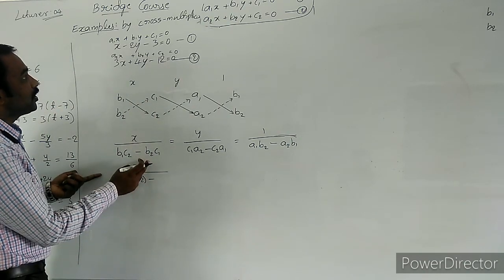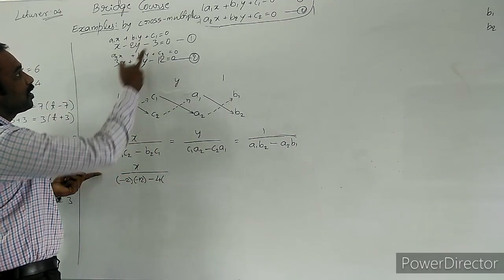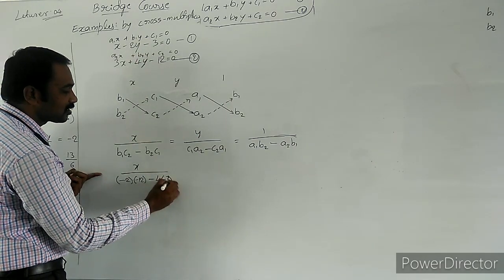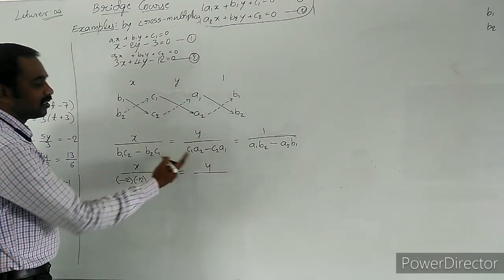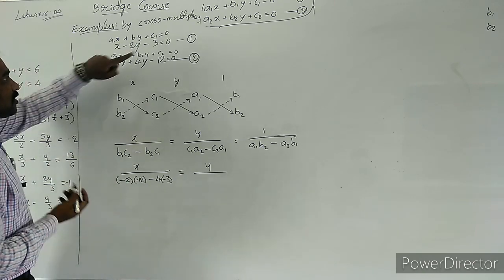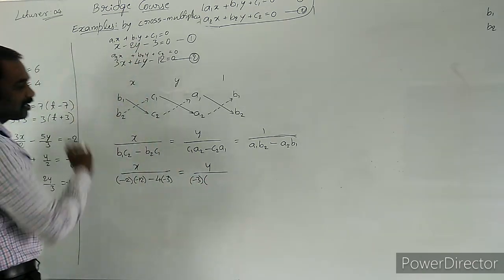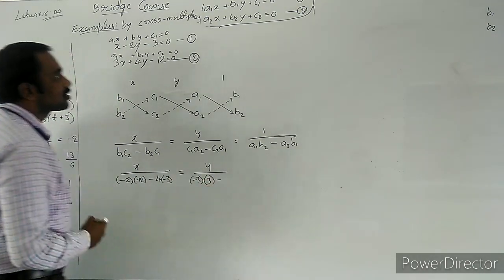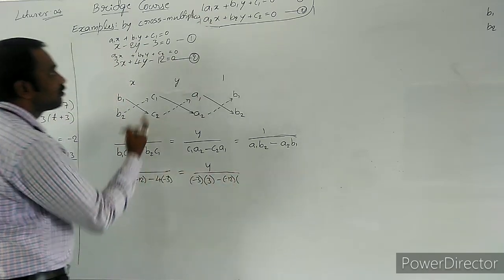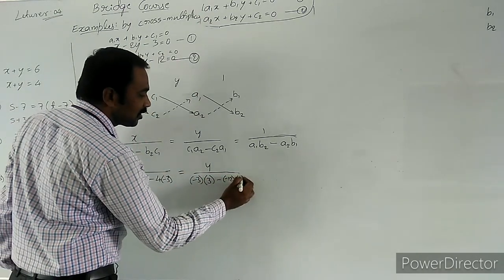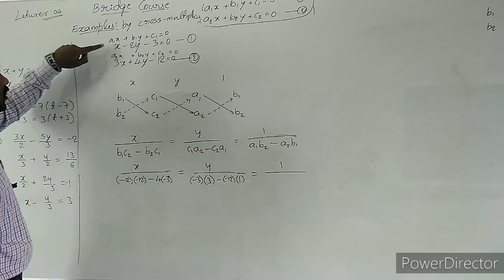What is the b2 value? Here it is 4, into the c1 value. What is the c1 value? Minus 3, is equal to y divided by c1 a2. What is c1? Minus 3 into the a2 value. a2 is here, plus 3, minus c2 is here, minus 12 into a1. What is the a1 value? 1, is equal to 1 divided by a1 b2.